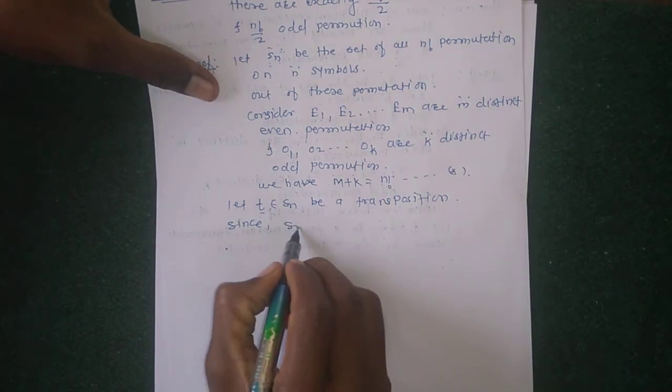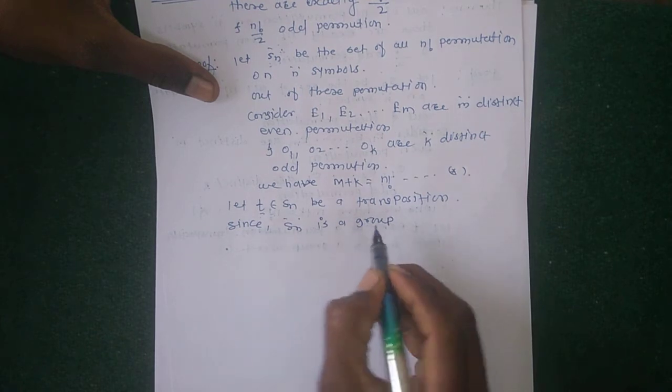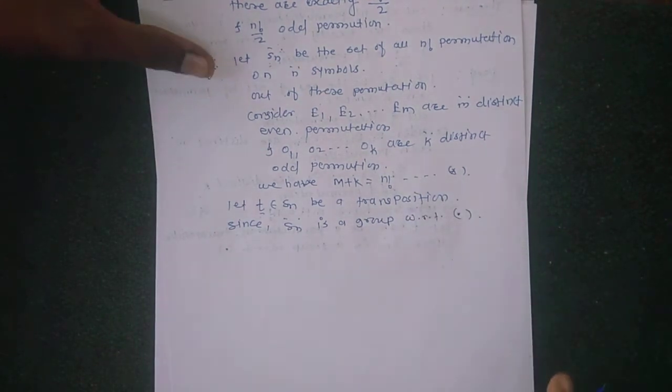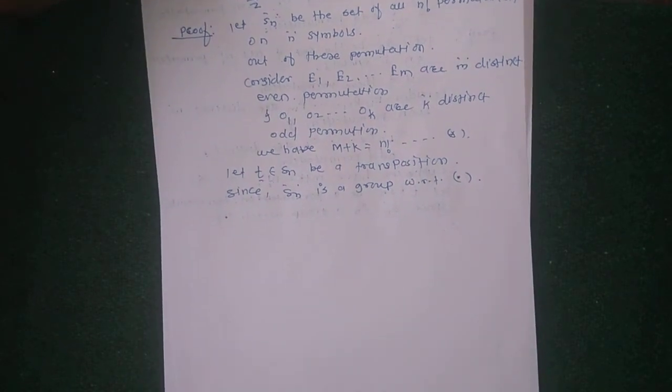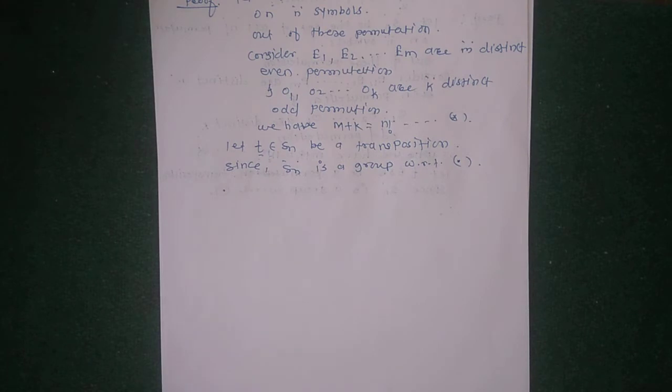Since Sn is a group with respect to multiplication, the symmetric group is a group with respect to multiplication. In the previous lecture we also saw that the alternating group is a subgroup of Sn with respect to multiplication.